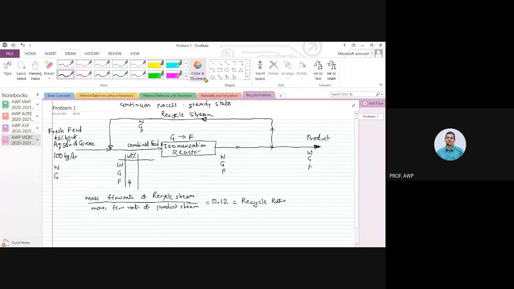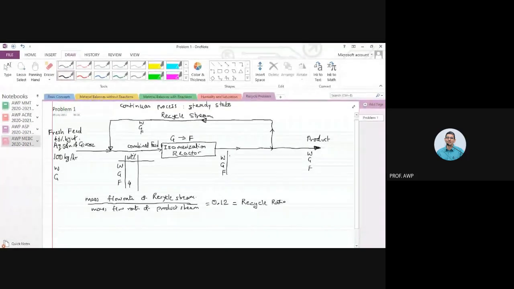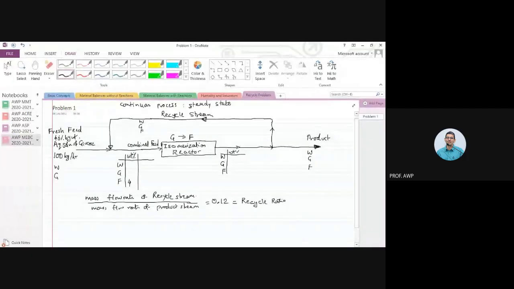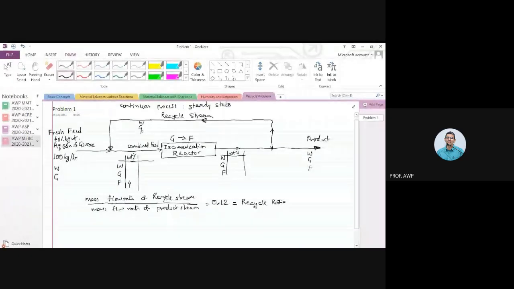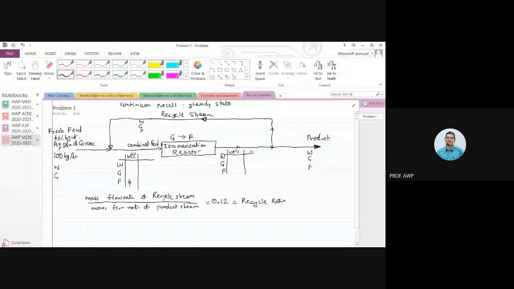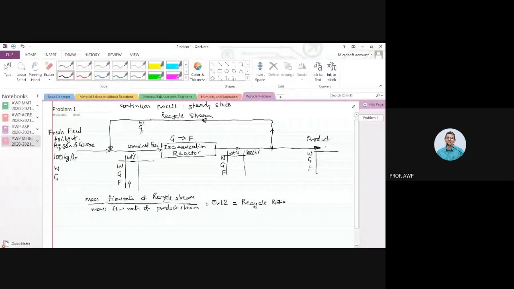Just to help you get started, remember, write the different quantities that are present in the form of tables: weight percent, kg per hour. That's our general strategy, how we have been solving these kinds of problems.